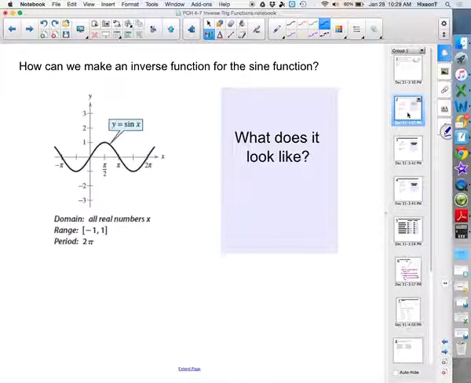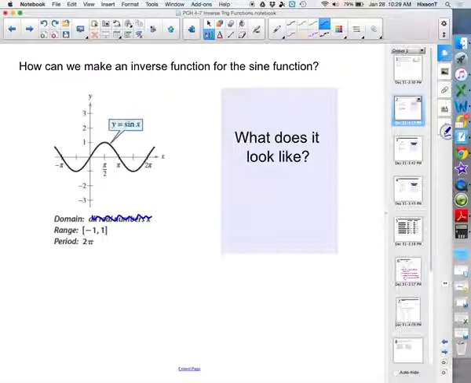Like how you did the inverse function? Don't worry about the inverse yet. Right now, all I want to do is limit the domain. So it's not going to be all real numbers anymore. I need to limit it so that it will pass the horizontal line test.